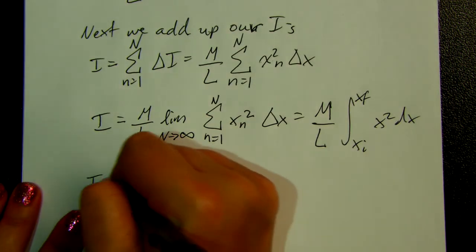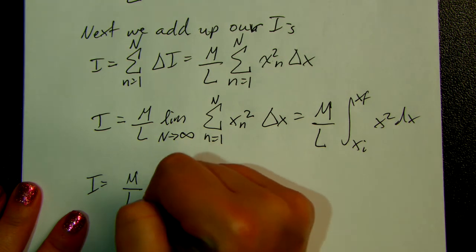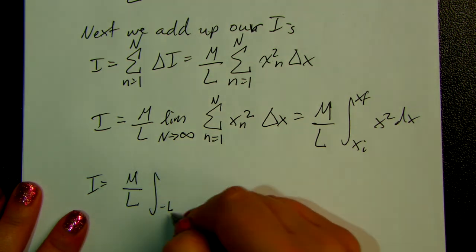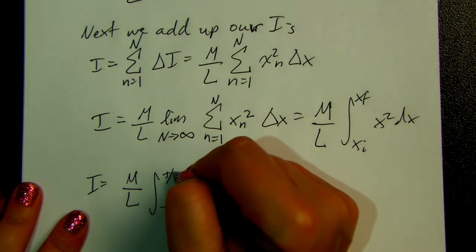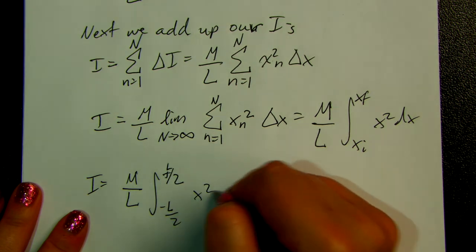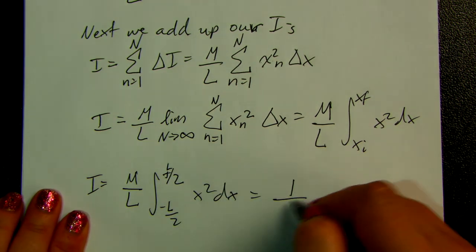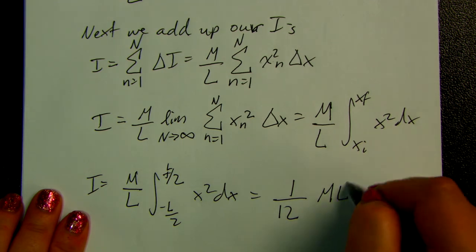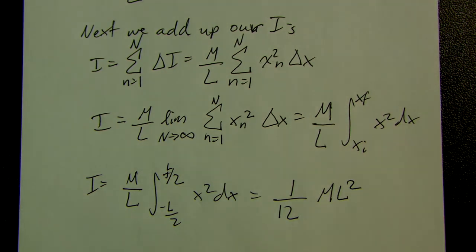So I is equal to m over L, and we integrate from minus L over 2 to plus L over 2 of x squared dx, which is equal to 1/12 m L squared. And this is how a moment of inertia is calculated for different systems.